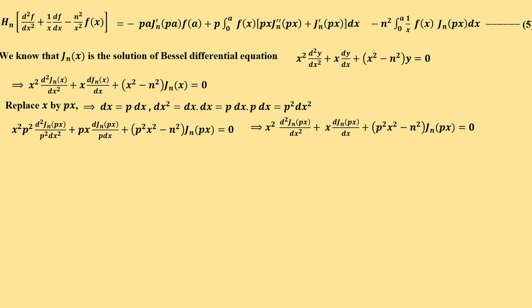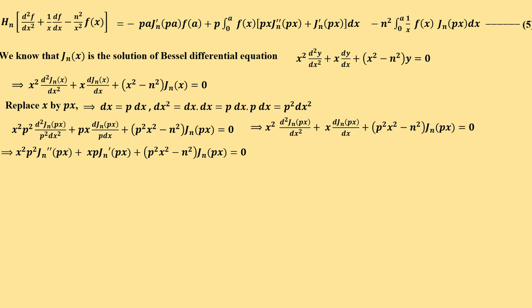That implies x square d square Jn of px by dx square: p square in the numerator and p square in the denominator get cancelled. In the second term also, p in the numerator and p in the denominator get cancelled. So remaining you are having x d of Jn of px by dx plus (p square x square minus n square) Jn of px equal to 0.